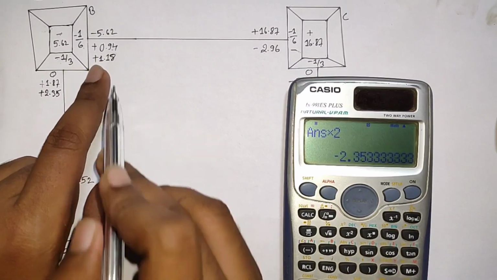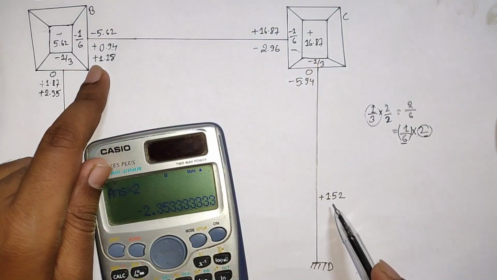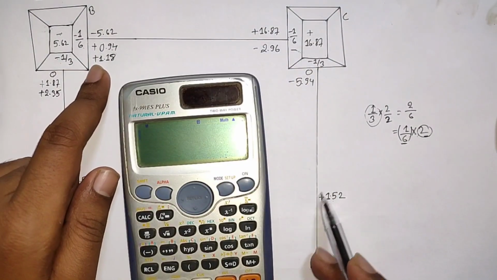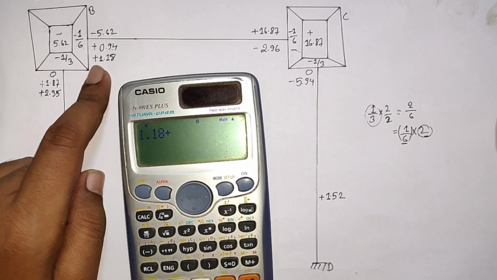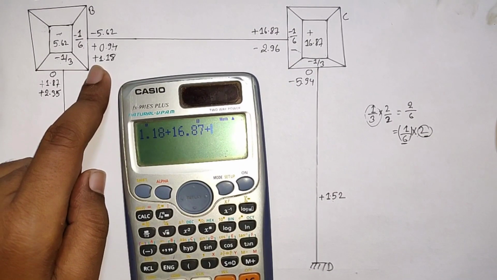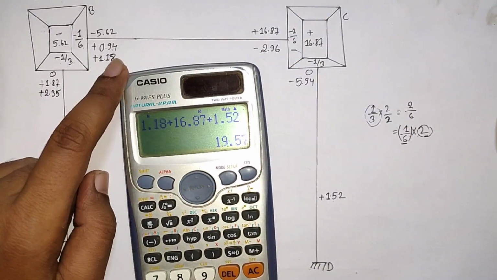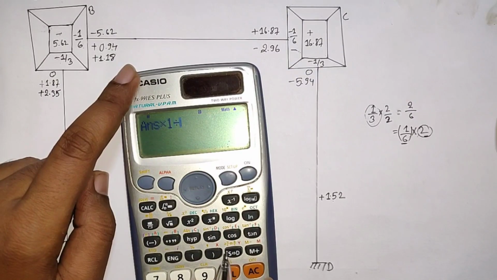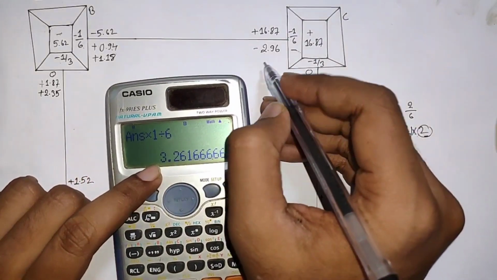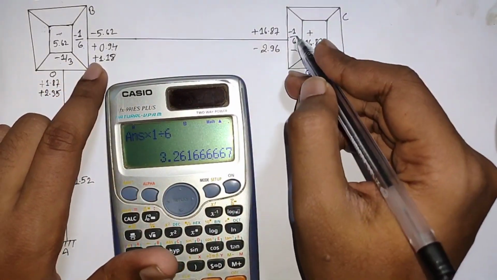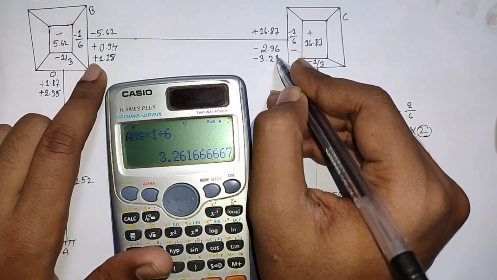Now after doing this, we have to add this value, and again this value, and we also need to take the displacement factor. So 1.18 positive plus 16.87 plus 1.52. Now adding these three values, multiply this with the factor, times 1 by 6, we get 3.26, and these three are positive, so multiplying with the negative factor it gets a negative sign, 3.26.